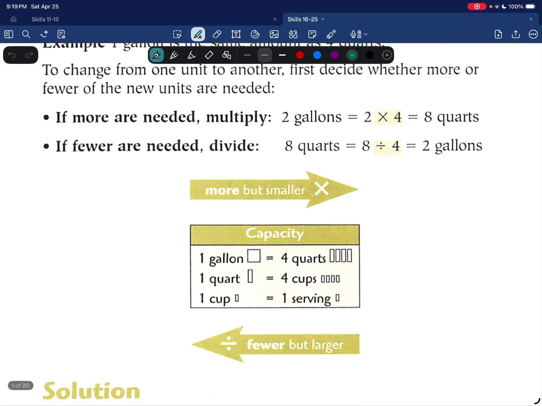And here's a table that breaks this down. 1 gallon equals 4 quarts. 1 quart equals 4 cups. 1 cup equals 1 serving. And they're showing you that if you need more but smaller, you multiply. Fewer but larger, you will divide.